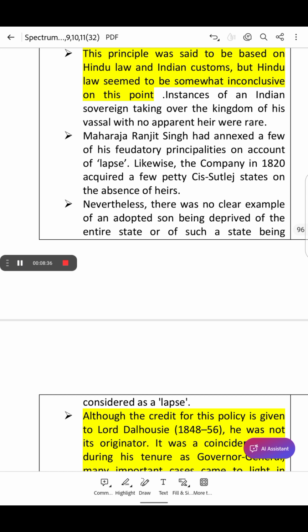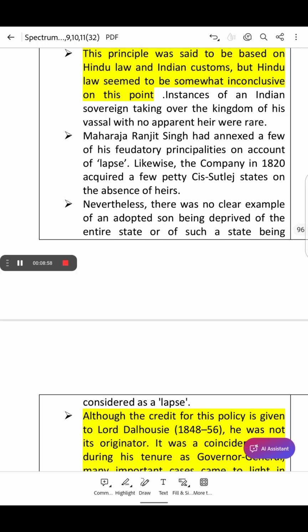The adopted son may get the personal property, but cannot be the next ruler of the kingdom.